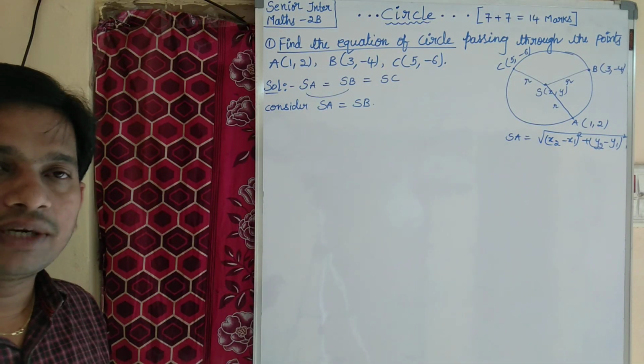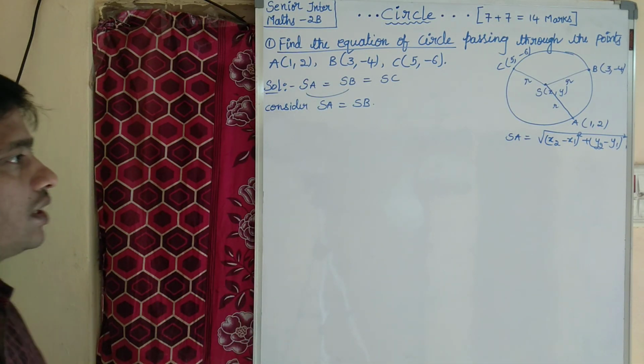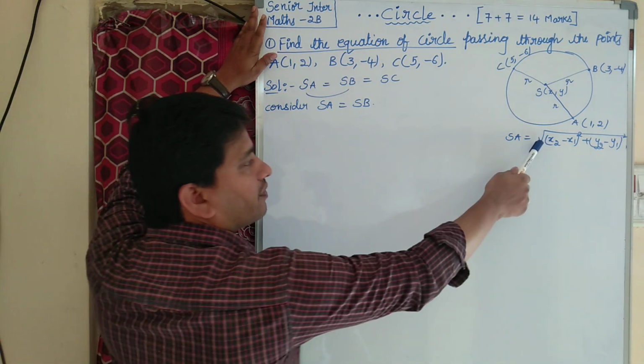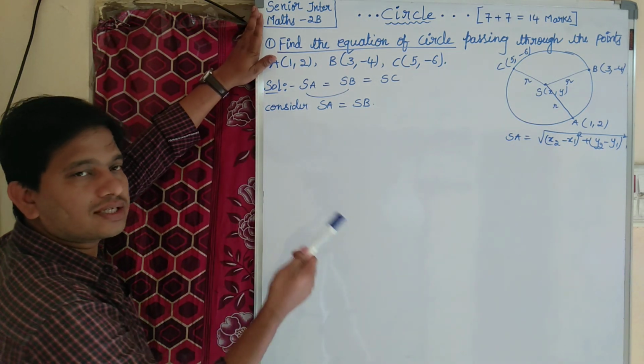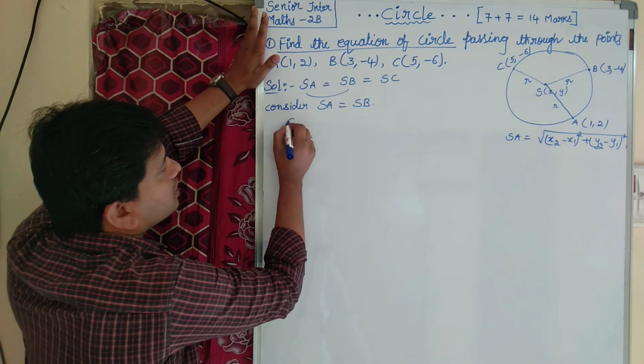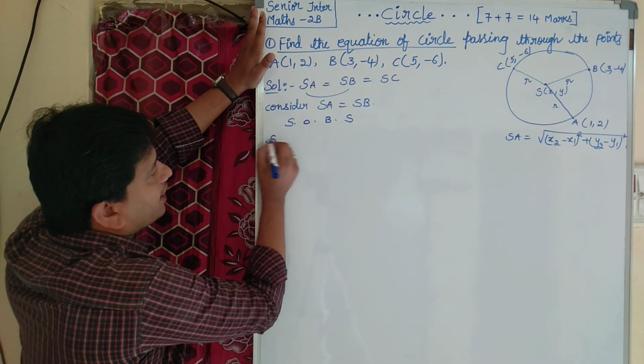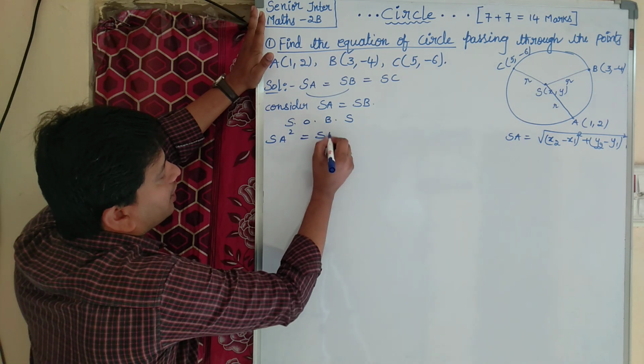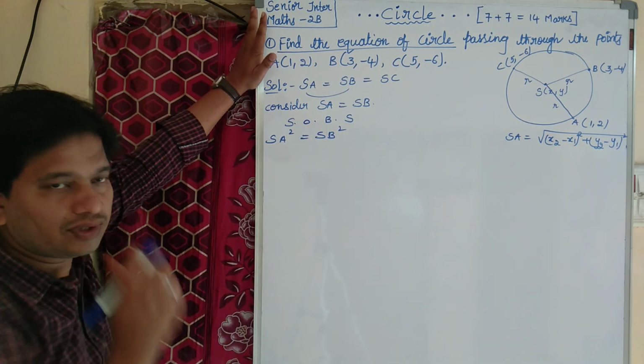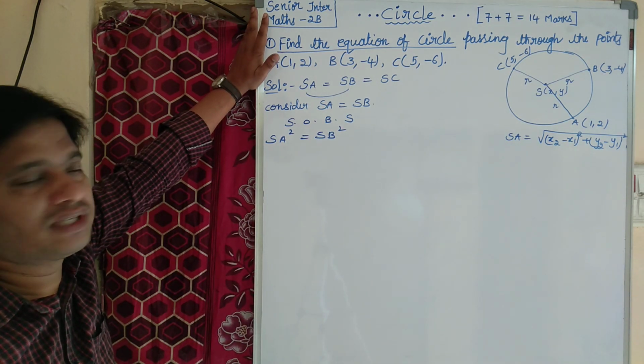That is the distance between 2 points formula. As we have a square root here, in order to cancel the square root, let us do squaring on both sides. So you will get SA square equal to SB square.